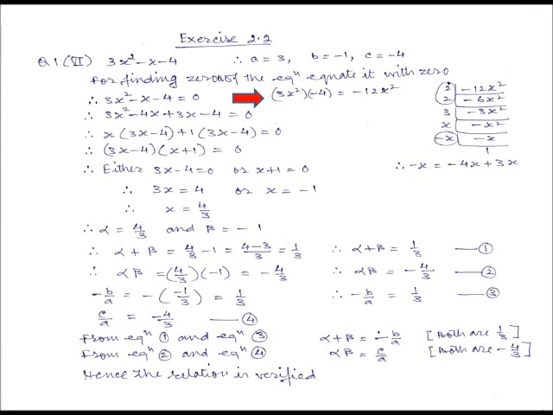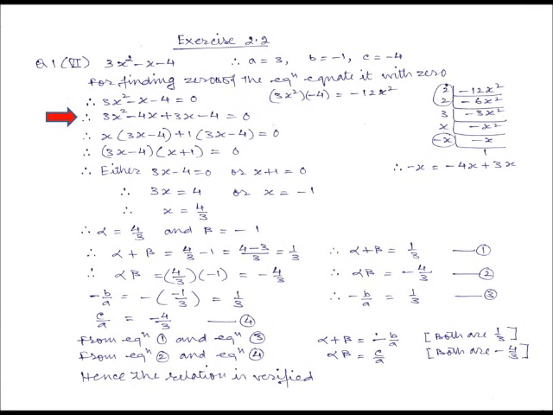Now from the first two terms, 3x square minus 4x, take out x common from these two terms. Therefore, we will get x into 3x minus 4, and take out 1 from the remaining terms, so we get 1 into 3x minus 4 is equal to 0. Therefore, the two factors are 3x minus 4 into x plus 1 is equal to 0.